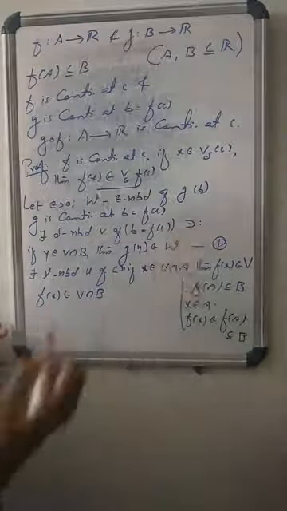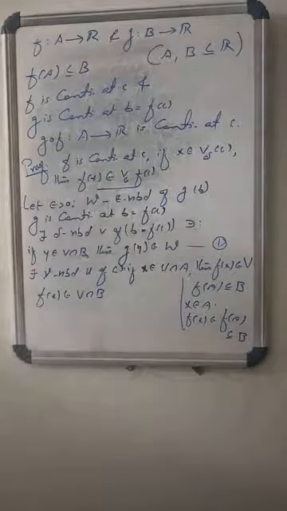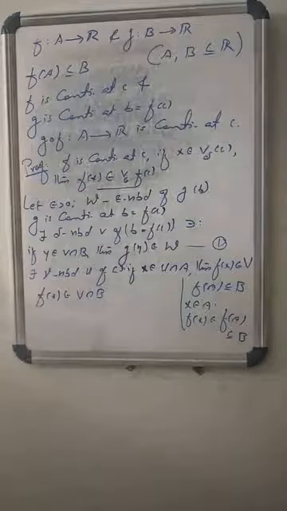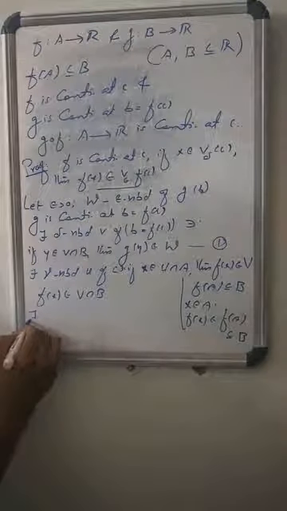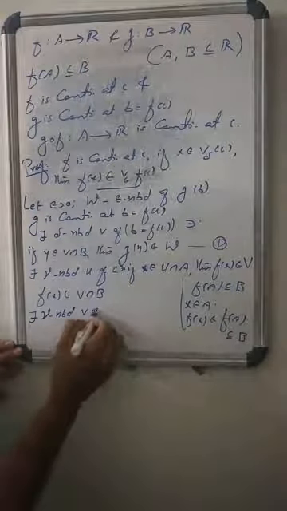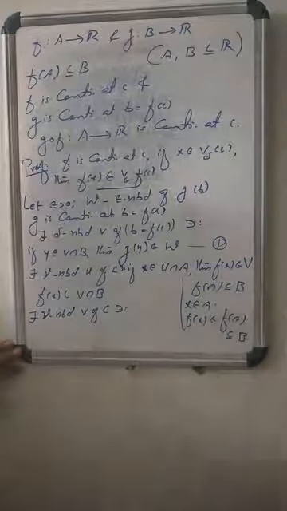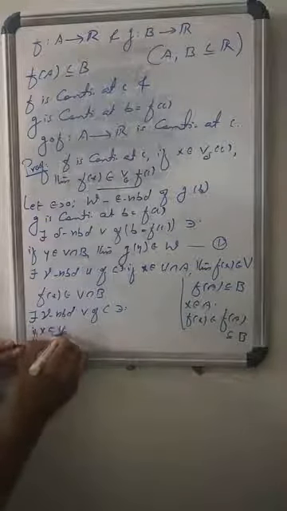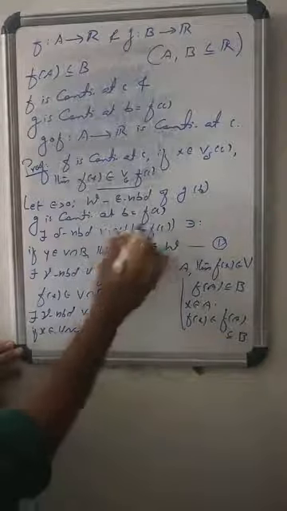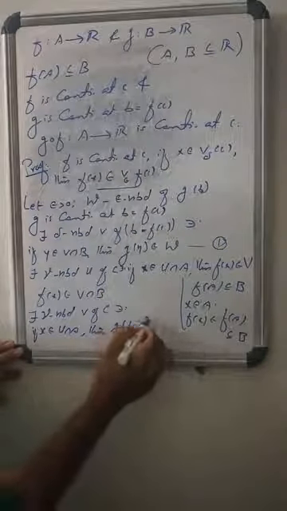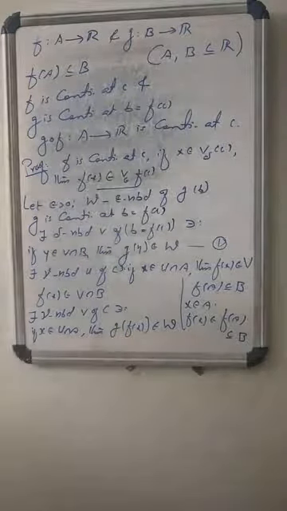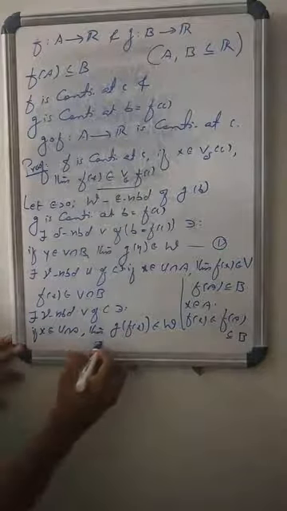So therefore from this equation, if y falls in V intersection B, g of y falls in W, and if x falls in U intersection A, then f of x falls in V intersection B. So combining, from equation 1 there exists a gamma neighborhood U of c such that if x falls in U intersection A, then g of f of x, here instead of y it is g of f of x, falls in W. Okay, g of f of x falls in W. What is g of f of x?